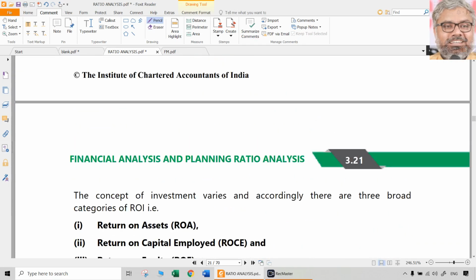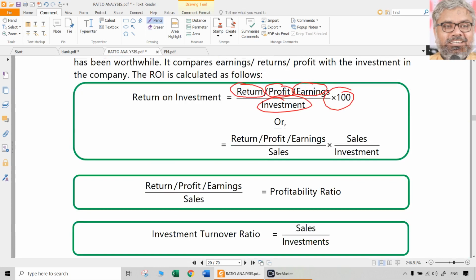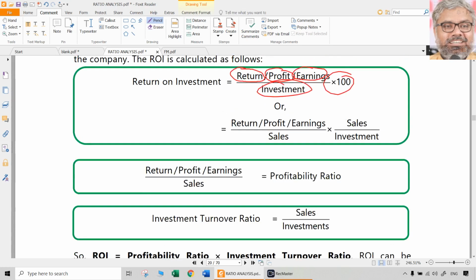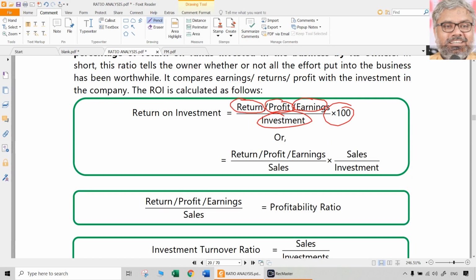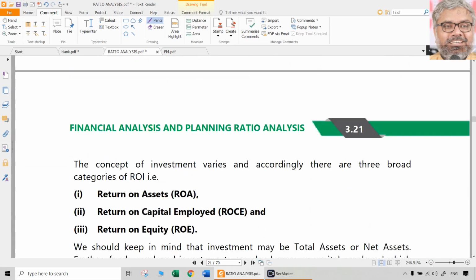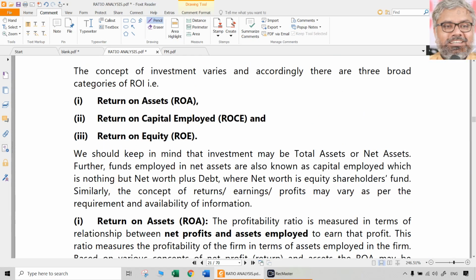This return can be defined in different ways in different situations, and investment also can be different. We cannot have one thing as investment. But let me tell one thing: if nothing is mentioned, return on investment is return on capital employed. So keep this in mind.